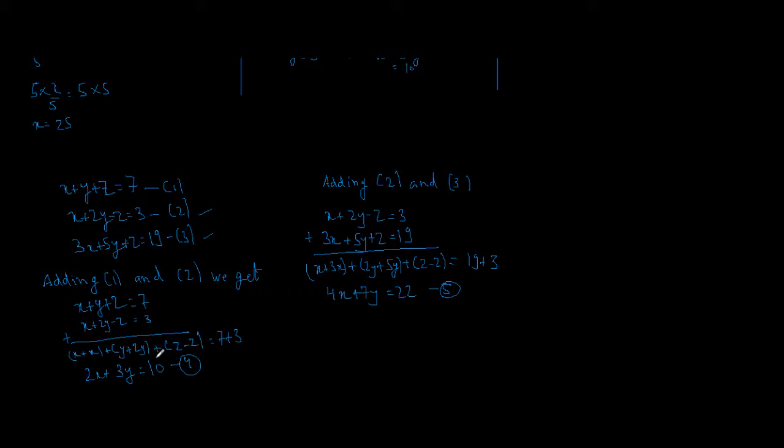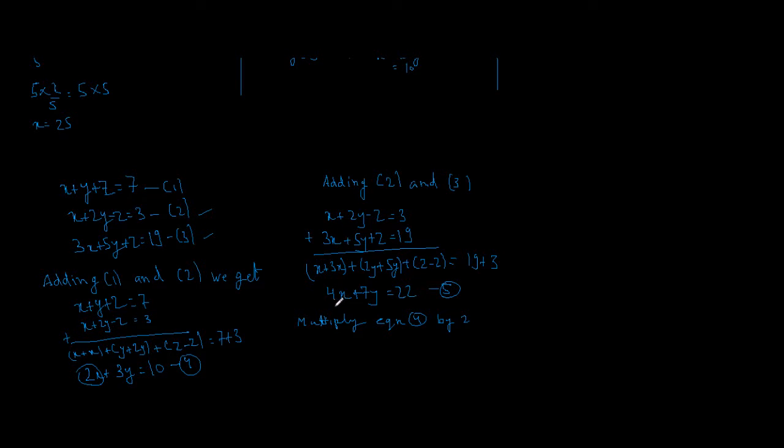Now, once again, I would like to eliminate one variable out of these two equations. And I see that if I multiply equation 4 by 2, numeric 2, then I would make 2x double and hence the same as 4x.